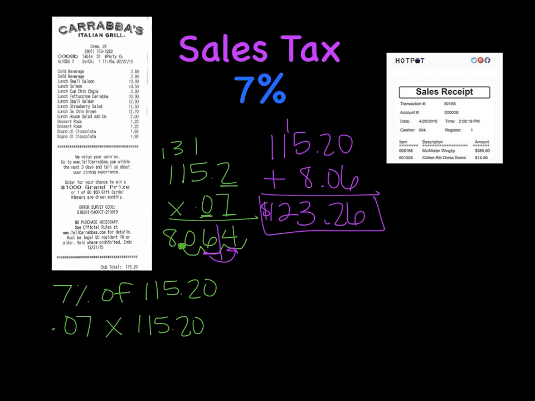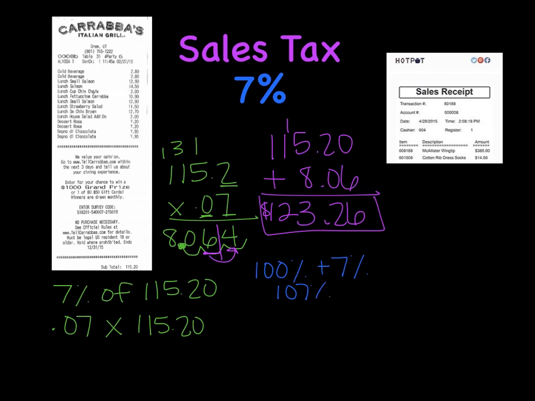And the faster way is to think of it this way: you're going to pay for your whole bill, which is 100%, plus the extra. So you are going to pay for all of the bill, which is 100%, plus an extra 7%. Well, that's 107%.